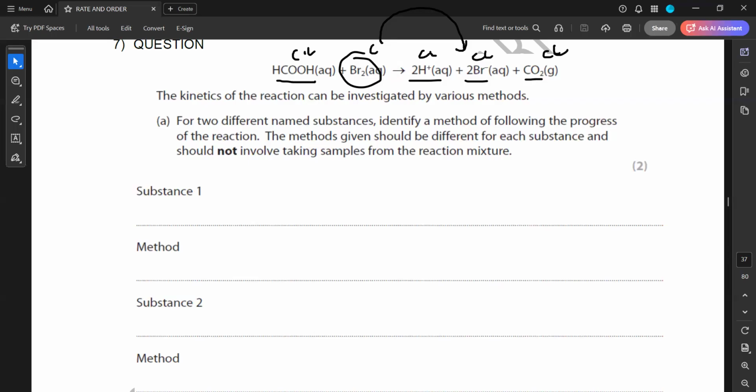Then what else? A gas is given off here. As you can see, a gas is released, so we can measure the volume of the gas. For this question we have to name a substance and the technique we will use.